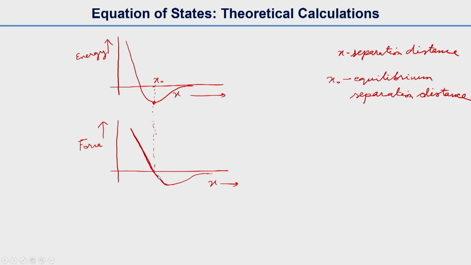So when you are compressing the material, it will have repulsive forces, and with decrease in separation distance the interatomic forces will increase to a very high level. I think it should have a different slope, not like this.